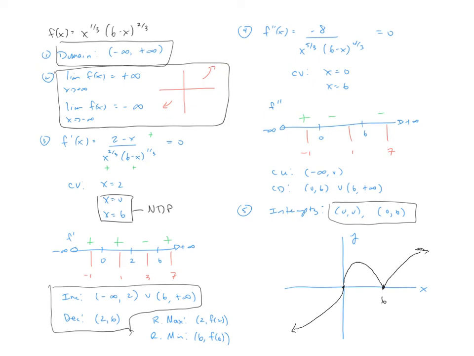Now, let's not only make sure this fits the things that I've discussed, but let's go back through and make sure it fits the concavity as well. So the domain is good, limits are good, increasing up until 2, so it looks like we're at about 2 right here, and there's my maximum value.